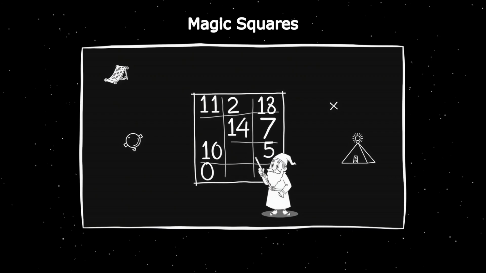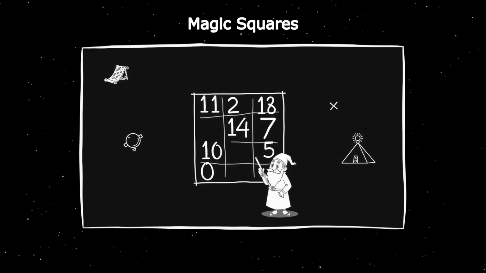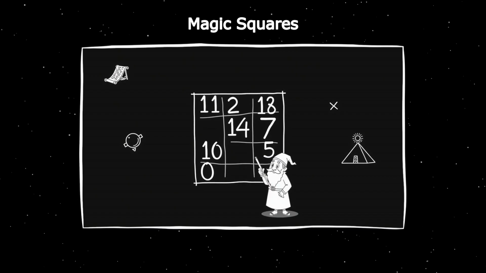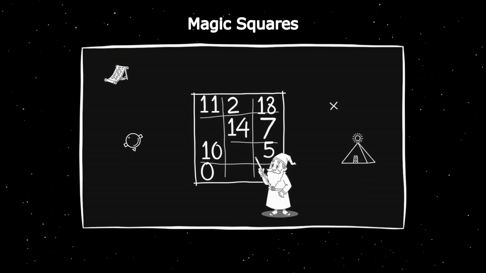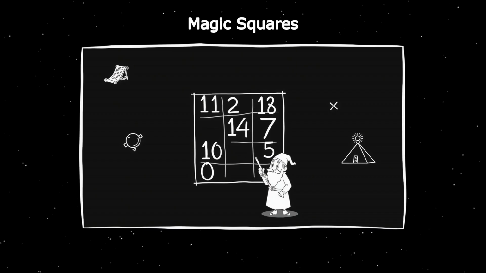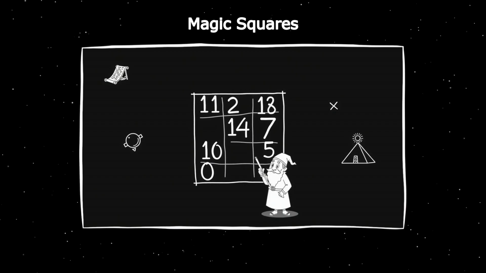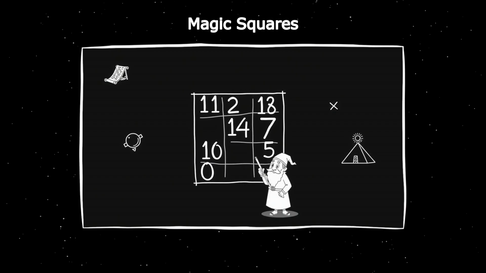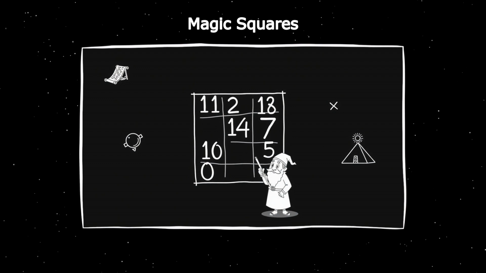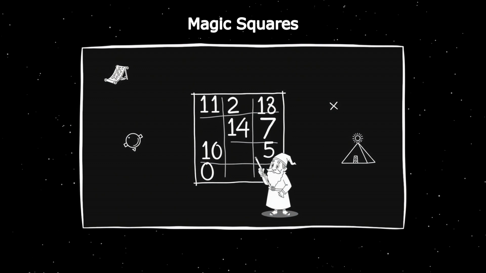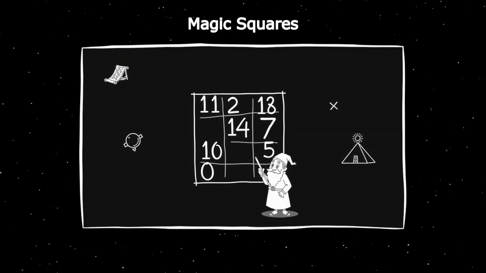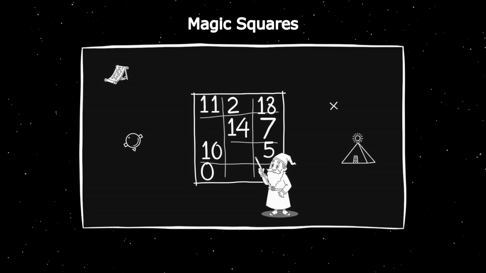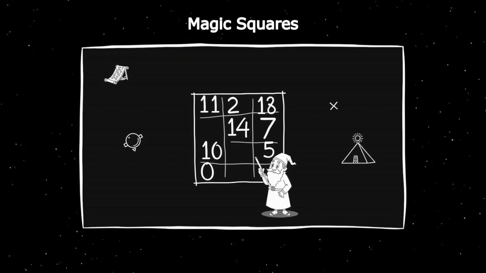Dürer's magic square not only captivated mathematicians, but also served as an emblematic representation of the harmonious relationship between art and science. As we delve deeper, consider the application of magic squares in games and puzzles. For example, Sudoku can be seen as a dynamic and modern derivative of the magic square.